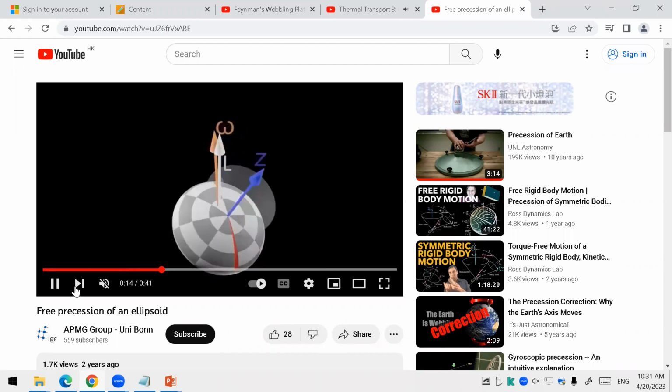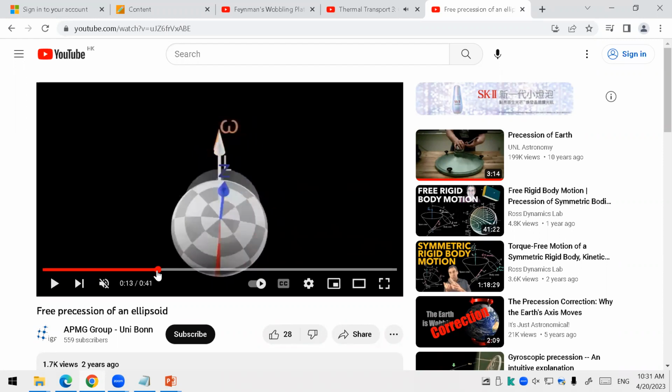Okay, so let me start over here. Okay, this is good. At this moment, the normal vector is kind of facing us. You can look at this red line to see the rotation. Look at how this red line moves to see the rotation of this body.